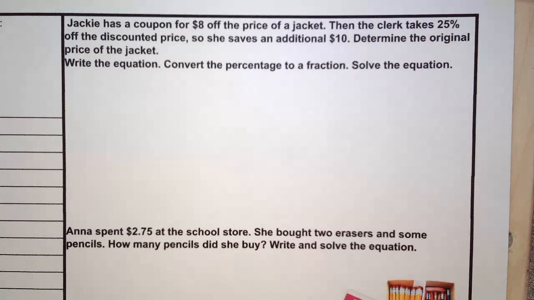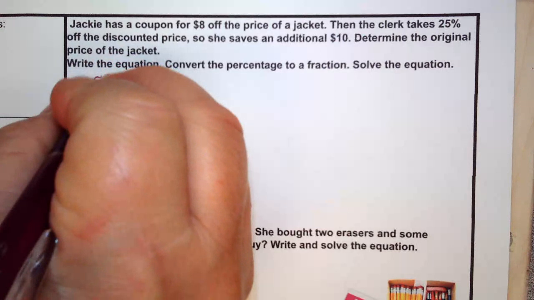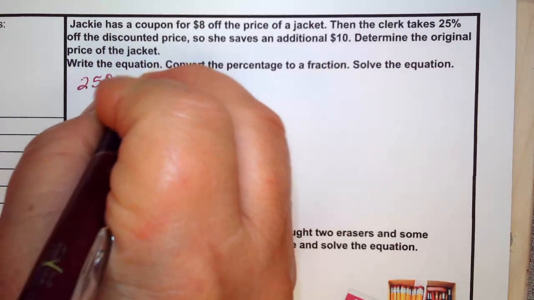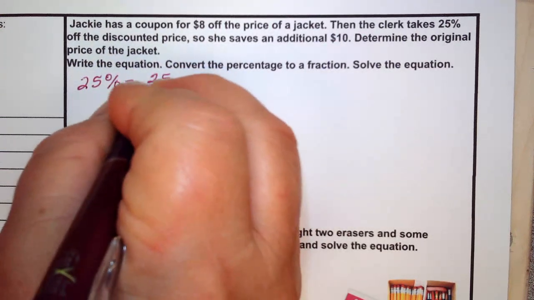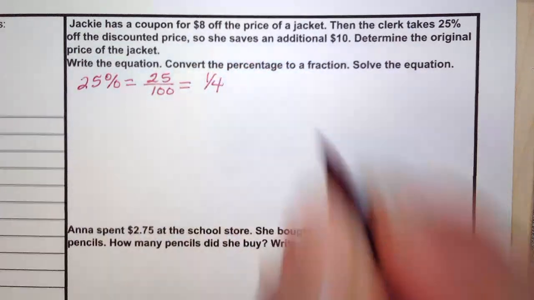So, if we're looking at 25%, 25% is what fraction? It would be equal to 25 over 100, which is equal to 1/4.